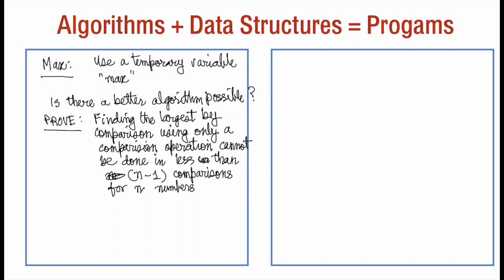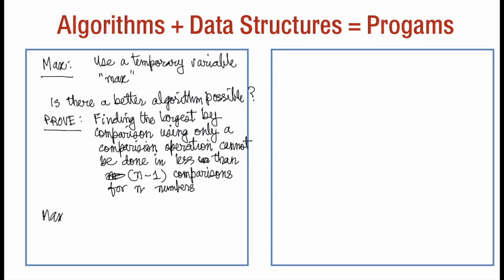If you do something other than comparison, some unique arithmetic operator and all, I am not saying that. What I am saying is, if you want to do it only by comparisons, then it cannot be done, because you can show that if you took less than that comparison, then there is one element which you did not compare.